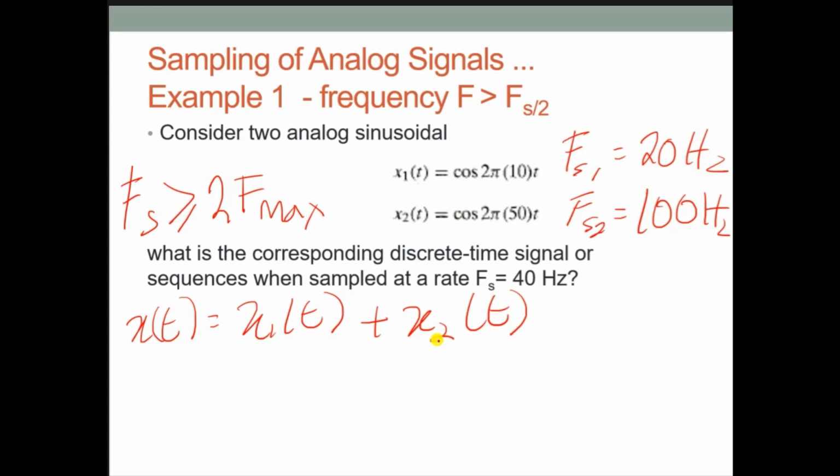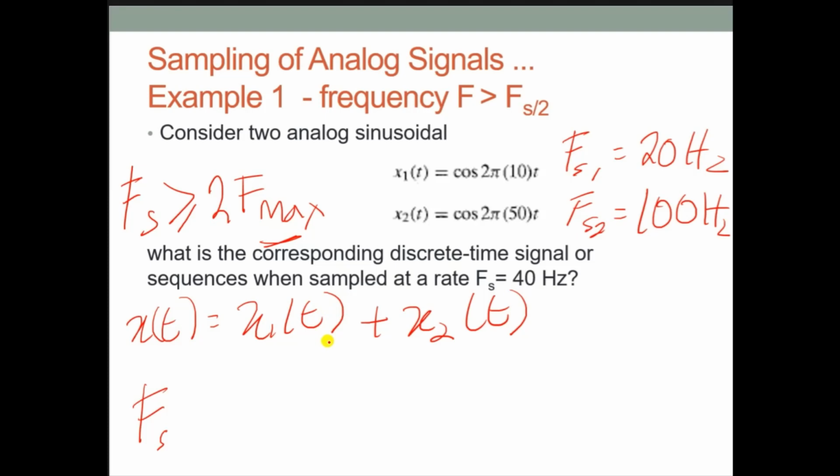Because there are two signals here, the Fs for this case must be the largest sampling frequency, which is 100 Hz. This applies to the f max I mentioned earlier.